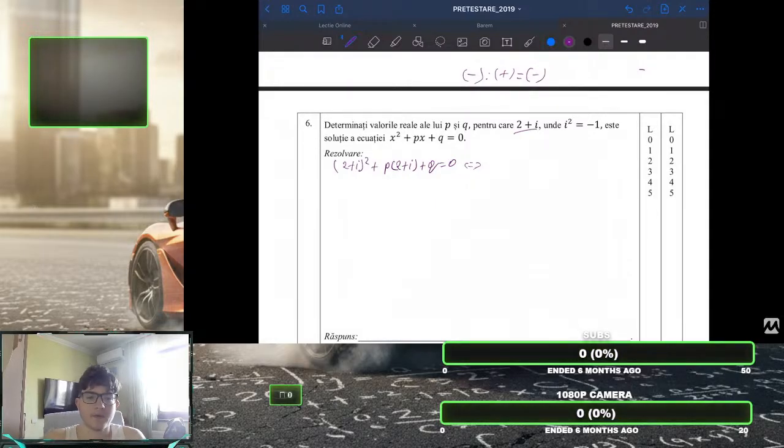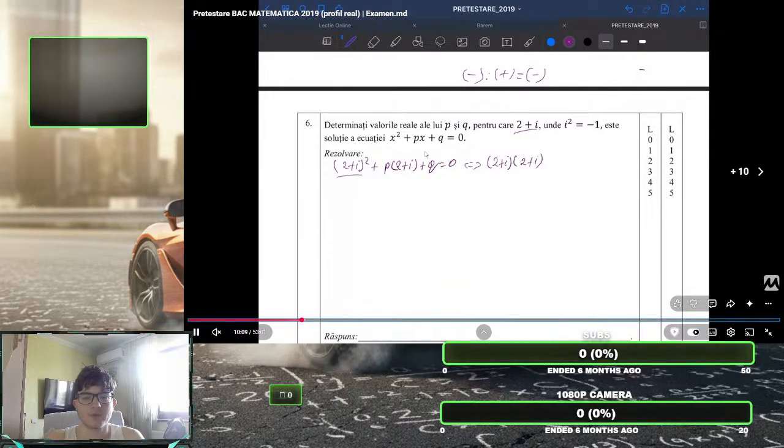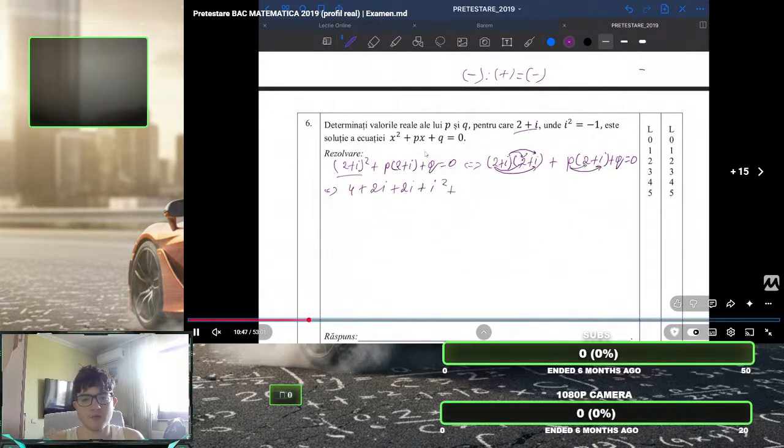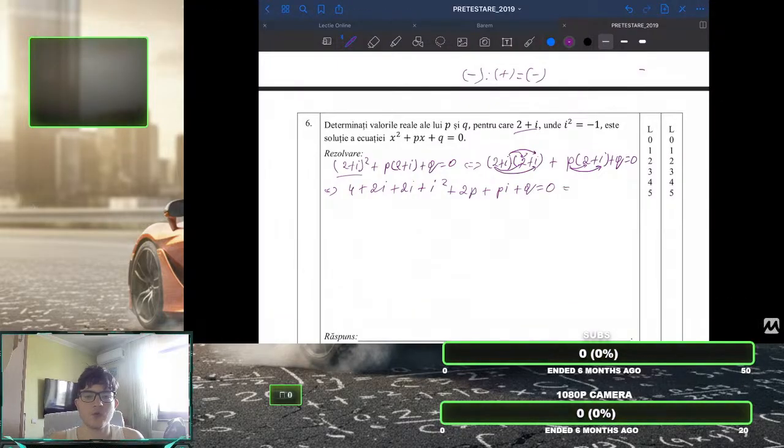So you're gonna have this, I mean, that's the long form, and now it's gonna be 4 plus 2i, then again plus 2i, so basically plus 4i, and plus i to the second power, which is minus 1, and then rest of stuff plus pi plus q.